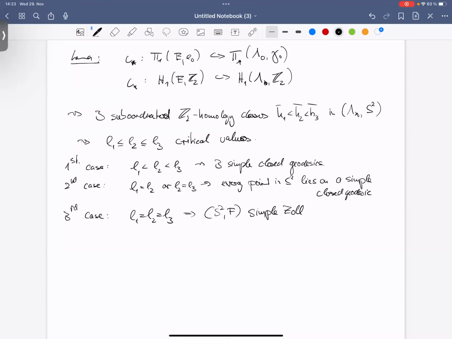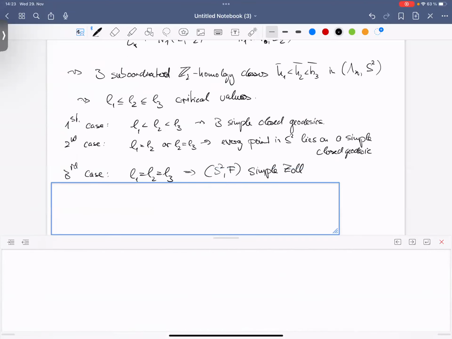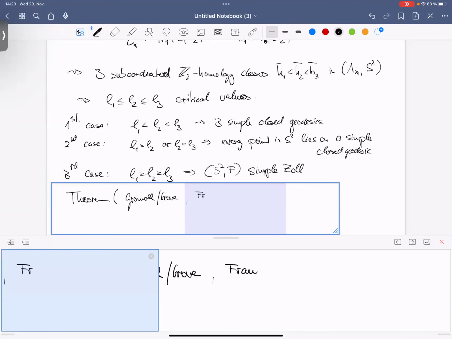And maybe one last thing I can mention as a consequence here is the following theorem, which for the Riemannian case is due to Gromoll and Grove, and was proved by Frauenfelder, Lange, and myself for the reversible Finsler case.